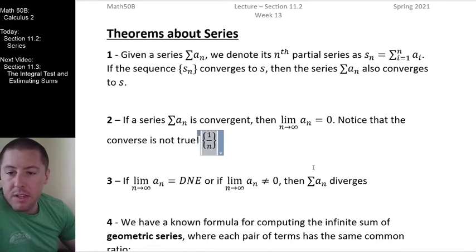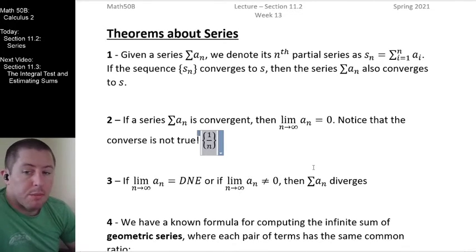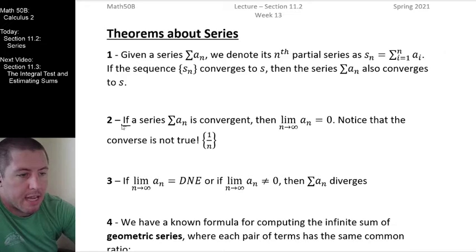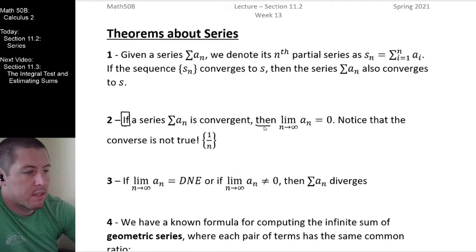In our series associated with 1 over n, it is definitely the case that our terms are getting infinitely small. If you let n go off to infinity, you're getting infinitely small contributions, but we just saw this guy diverged. So this statement backwards is not true. It matters that we interpret this statement only as an if-then and not an if and only if, meaning it goes both ways. It only works in one direction.